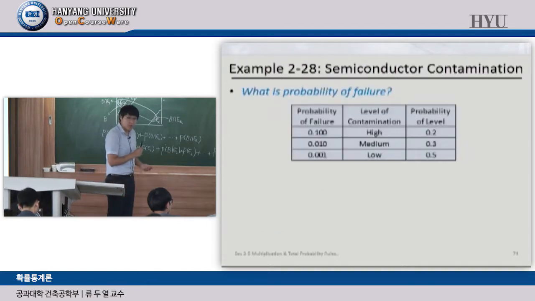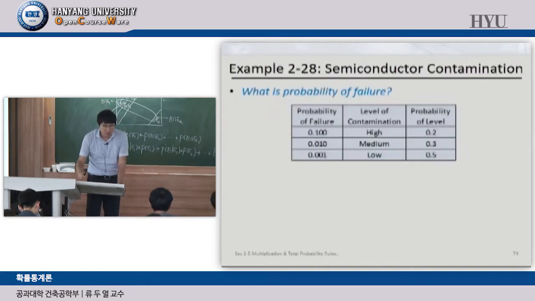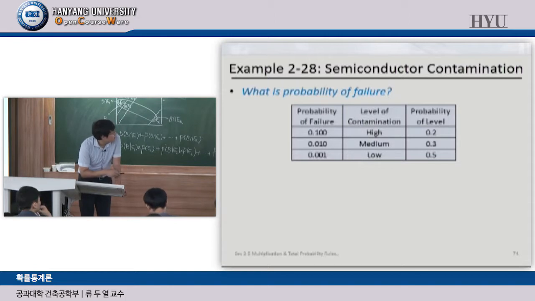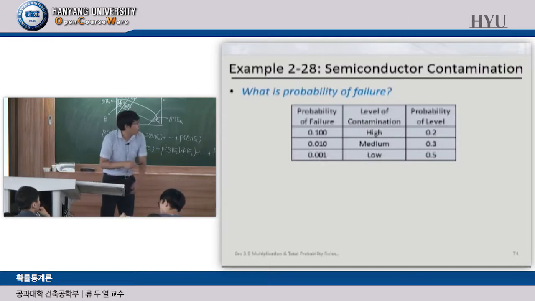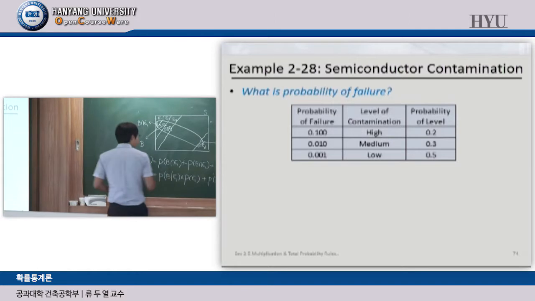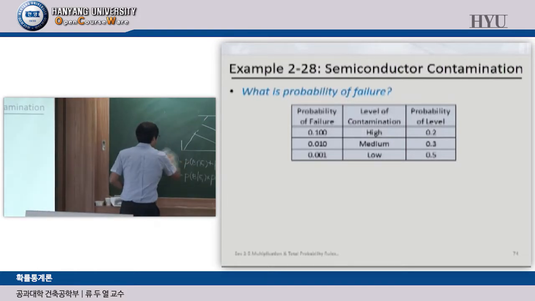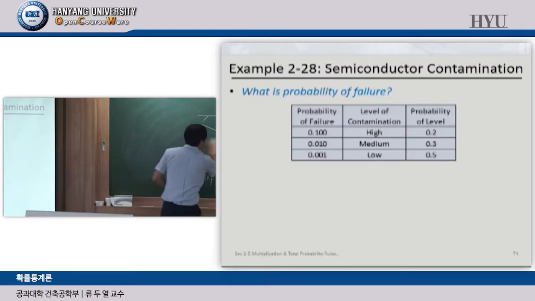So based on this total probability rule for multiple events, we are going to solve example 2-28. That is for the semiconductor contamination. And in this case, what is the probability of failure? To understand this example, we can simply use the tree diagram.